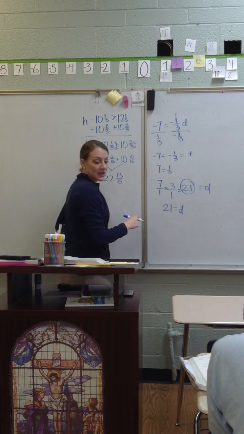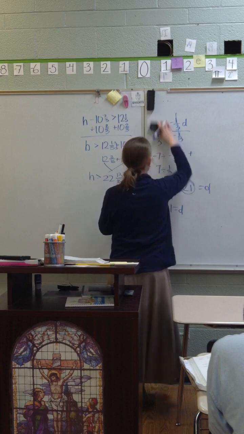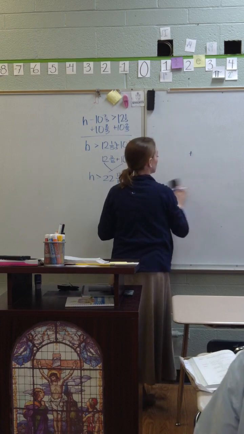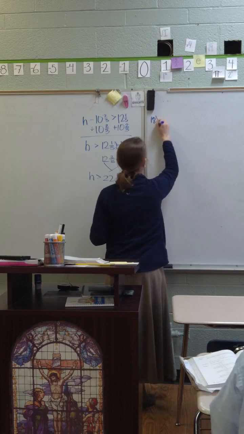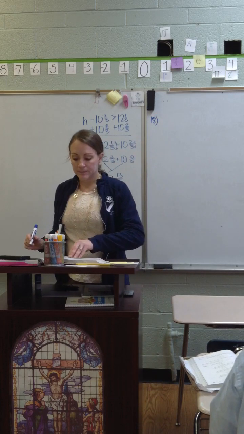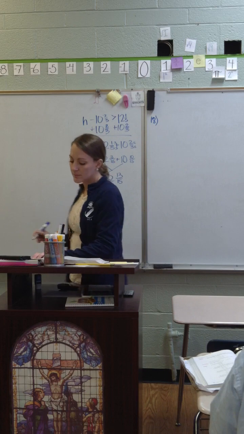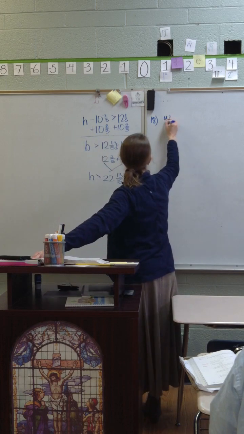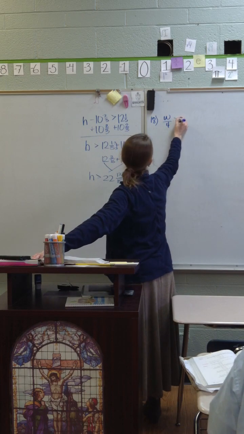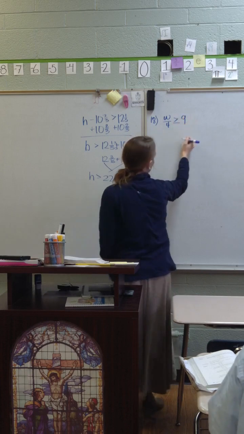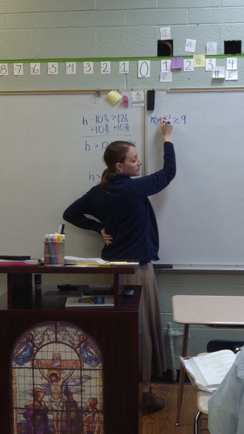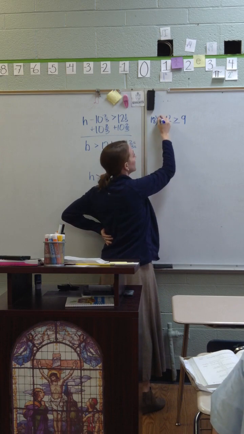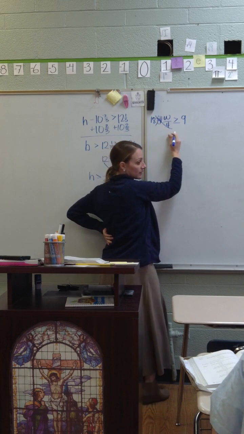That's the arithmetic you have to do there. And then we need to do number 18. Number 18. Alright. W over 4 is greater than or equal to 9. I'm going to multiply both sides by 4 over 1, or just 4. Multiply by 4, and that makes 1 on this side.